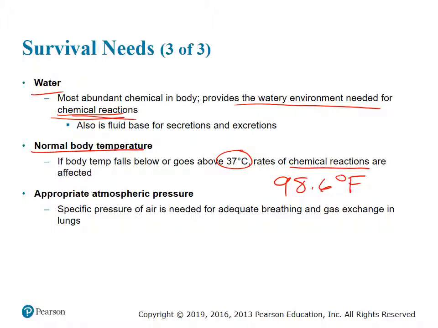We go back to chemical reactions. Those chemical reactions work the best in that middle 37 degrees Celsius range there. Now we can go up a little bit or down just a little bit and it'll still work okay. But after, let's say, 1 degree or 2, then things start to go awry.